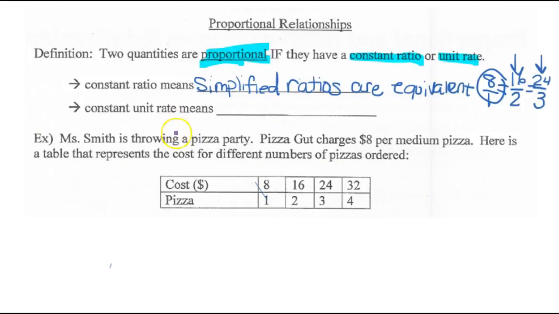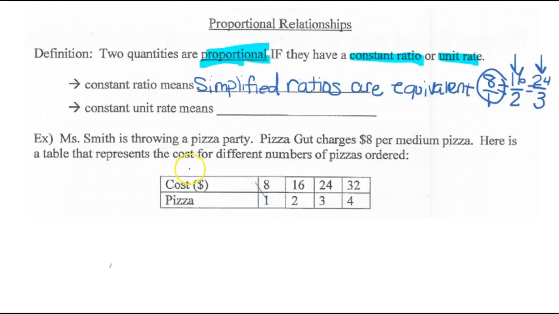So, constant unit rate. The first thing that I want to talk about, let's remember, a unit rate is a ratio of two different types of units where the ratio is simplified so that the denominator is 1. So rate means two different units, and in a unit rate, the denominator means 1.